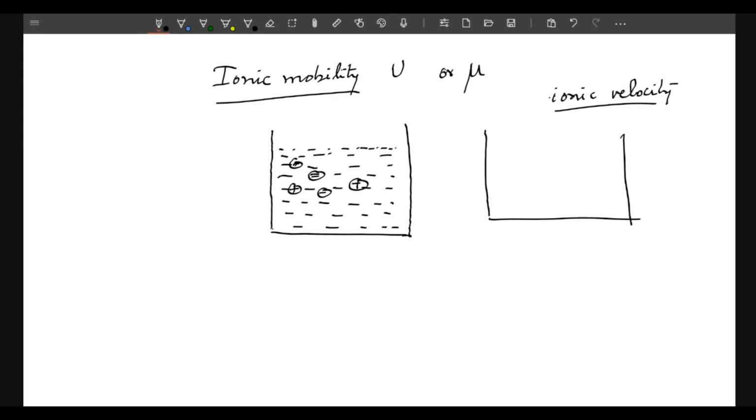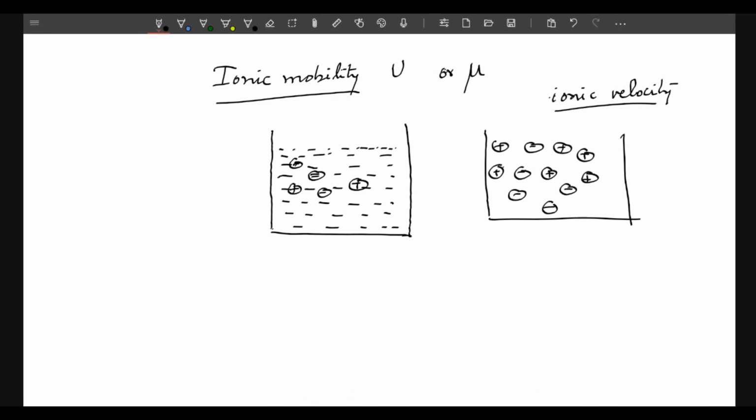And in solution, you have studied that these ions are not in a stagnant position, they keep moving. The movement of these ions, we call random moving.